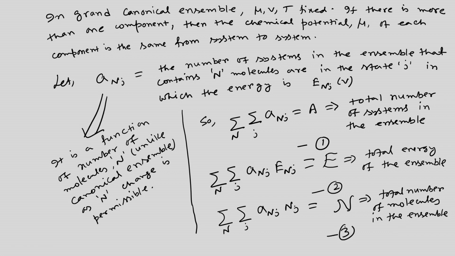This is constant number 3. So, we have sum over n, sum over j, A n j equals A, which is fixed. This total number of systems in the ensemble is fixed. Total energy of the ensemble is also fixed, and the total number of molecules in the ensemble is also fixed.